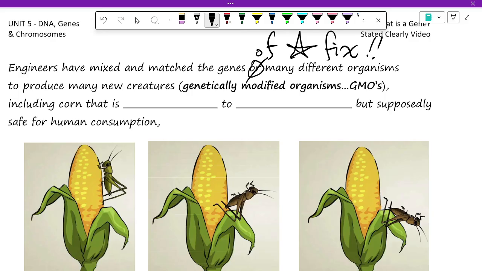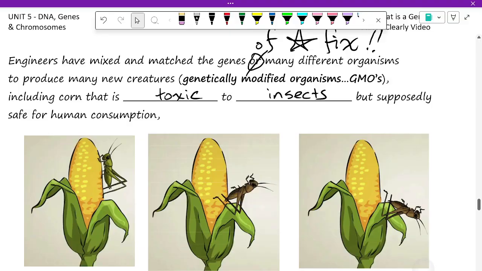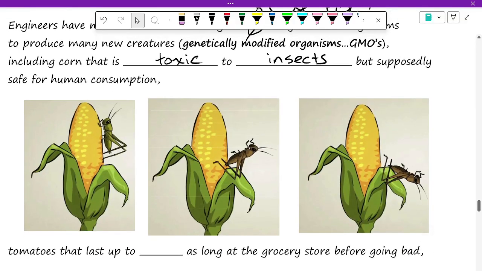Including corn that is toxic to insects, but supposedly safe for human consumption. They have designed tomatoes that last up to 2 times as long before going bad.